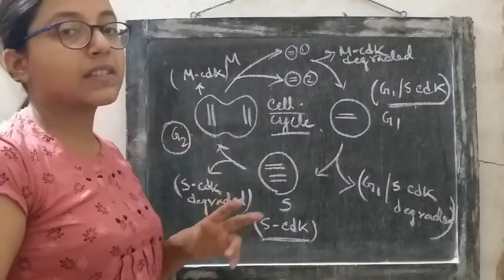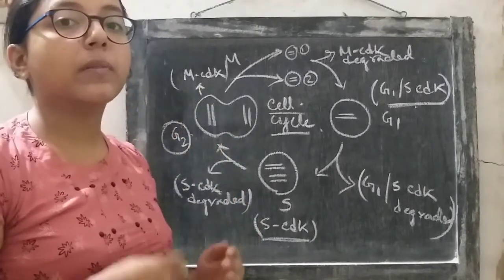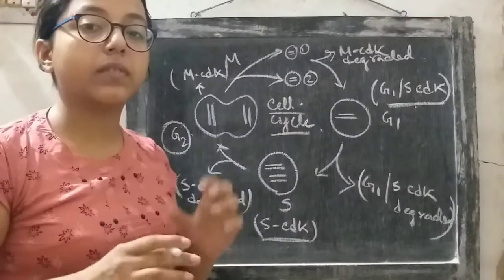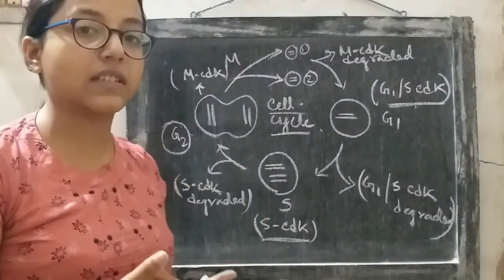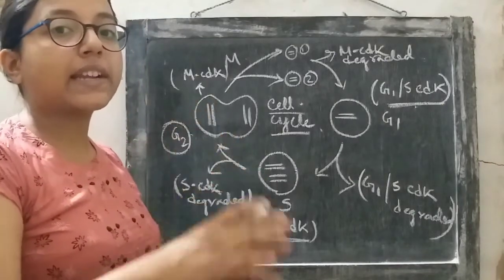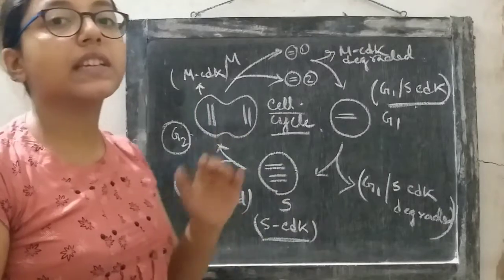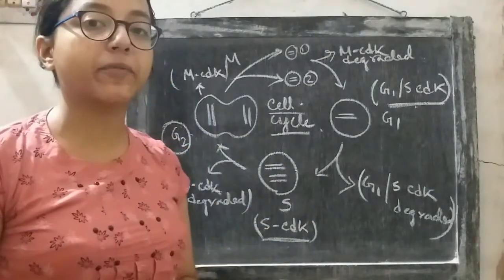And what will be synthesized? The M phase CDK, the CDK responsible for progression into the M phase. CDKs that have function in the M phase of the cell cycle will be synthesized. So in late G2, meaning at the end of G2, the levels of M CDK will increase because they have function in M phase.